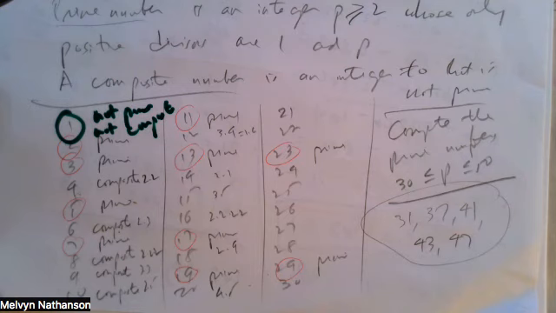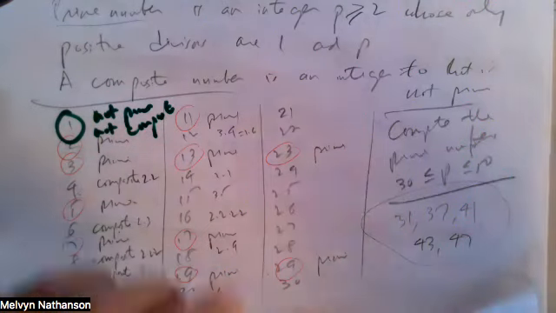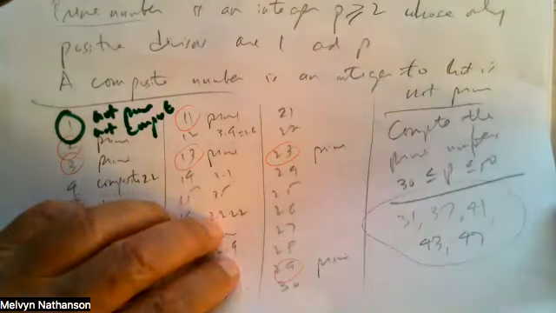No matter how far out you go, you can always find another prime. It's one of the fundamental facts in number theory.